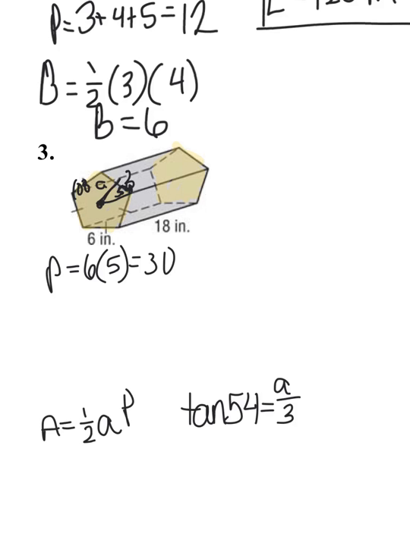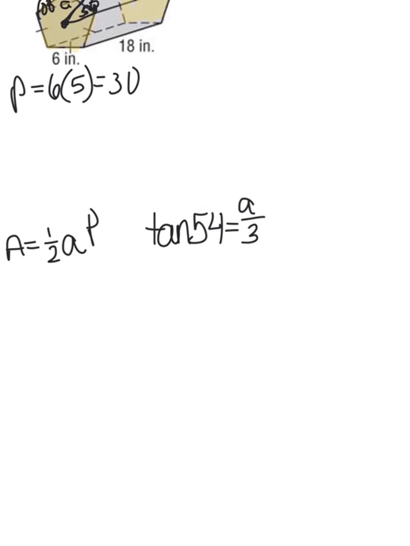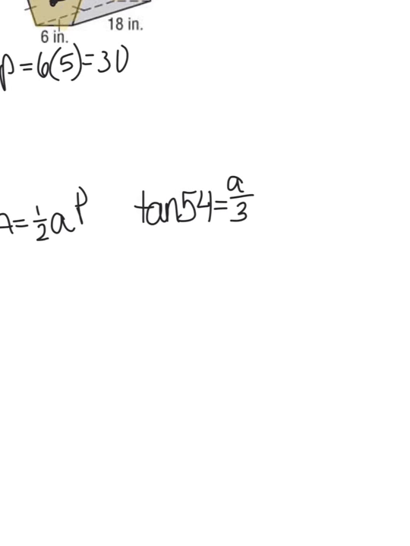Well, how do I get rid of dividing by 3? I multiply by 3. So I'm going to scoot this up real quick just to find the apothem. Okay, so 3 tangent of 54 is my apothem. And always check to make sure you're in degree mode because we want the tangent of 54 degrees. My apothem is going to be 4.13.